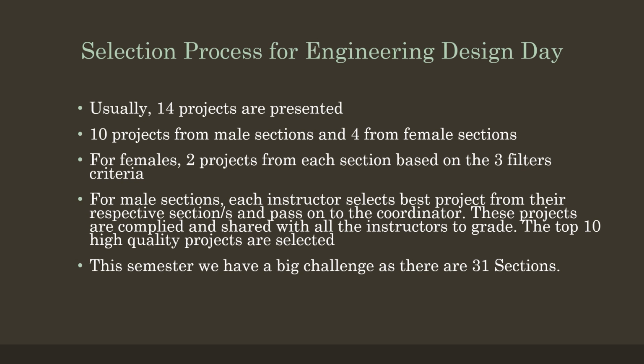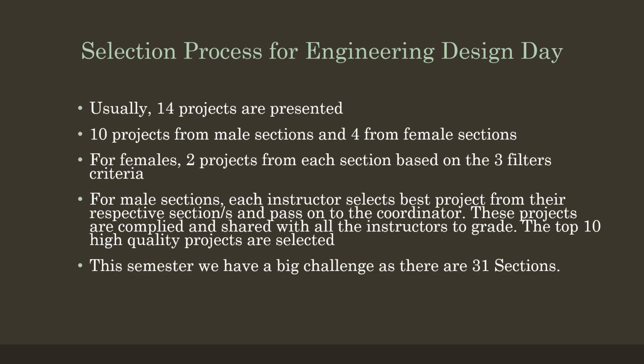We also take the next 5 projects in the list and keep them as a backup, because sometimes on the presentation day, some students might have a technical problem, or say sorry, we cannot present because some members are not there, or we missed our prototype somewhere, or our poster is not there, something like this. So we keep a backup.